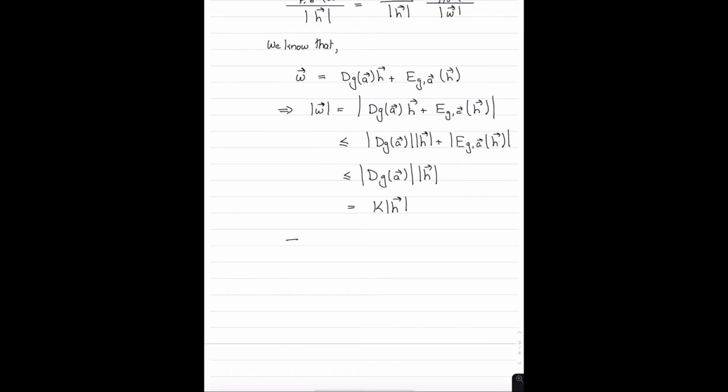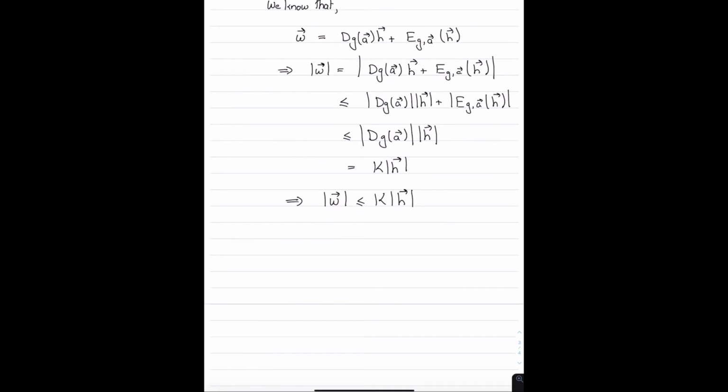And this implies that the norm of vector w is less than or equal to K times the norm of vector h, which implies that the limit as vector h approaches 0 of the norm of vector w is indeed equal to 0.